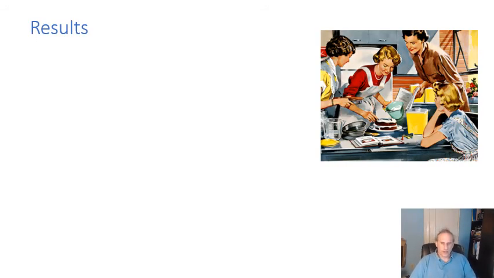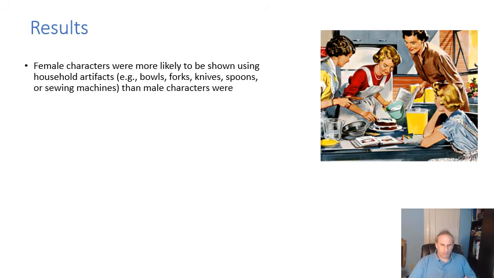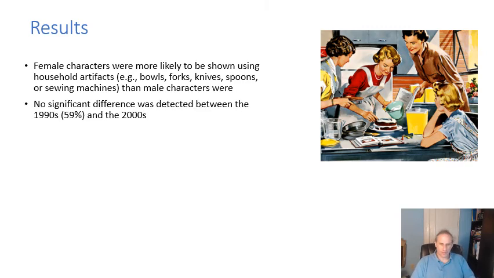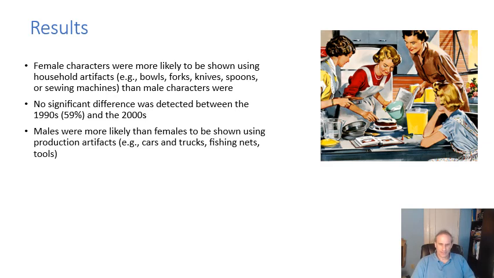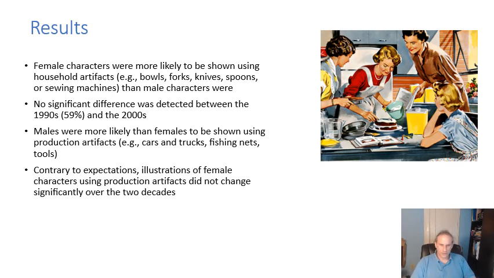So what were the results? Female characters were more likely to be shown using household artifacts, bowls, knives, spoons, sewing machines, than male characters were. There was no significant difference detected between the 1990s and the 2000s. Males were more likely than females to be shown using production artifacts, cars, trucks, fishing nets, tools.